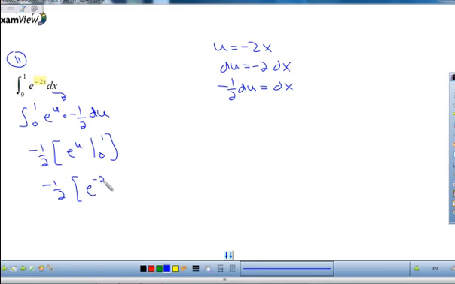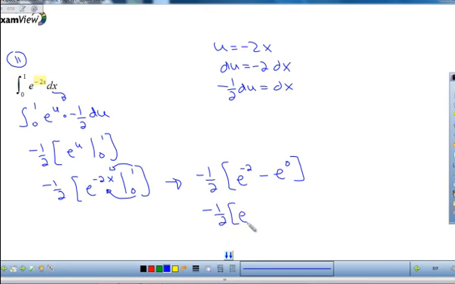So u is negative 2x and I'm going from 0 to 1. So I'm going to have negative 1/2 e to the negative 2x, right? We substitute 1, subtract, substitute 0, so we get e to the 0, so we get negative 1/2 times e to the negative 2 minus 1.